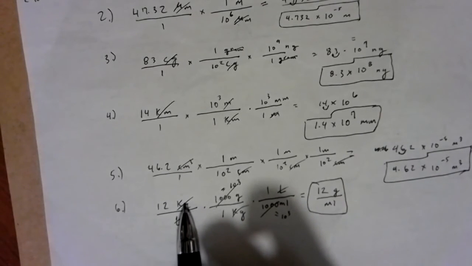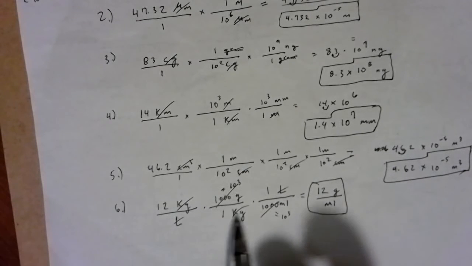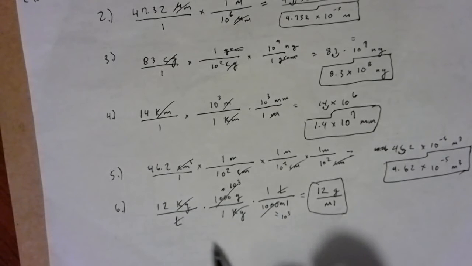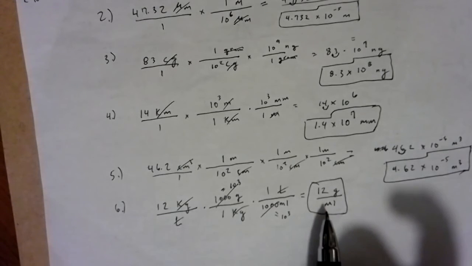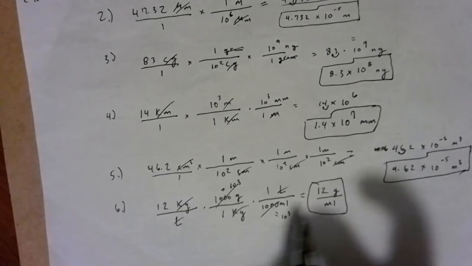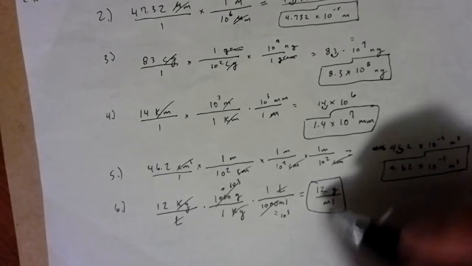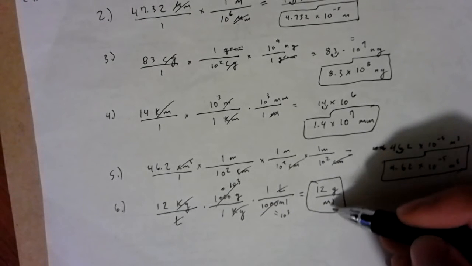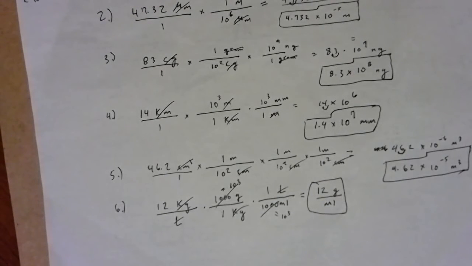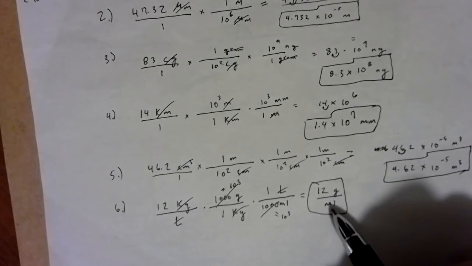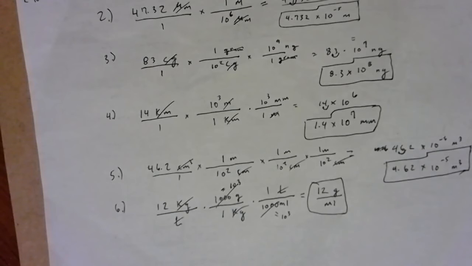So in a sense, the top got scaled down by 1,000, and the bottom went from liters to milliliters. So the denominator was also scaled down by 1,000. So that means that the result is the same in terms of the number here. So it's still 12. So just changing both of the units here cancel each other out. So we just basically ended up with grams per milliliter, and we still have a 12 there.